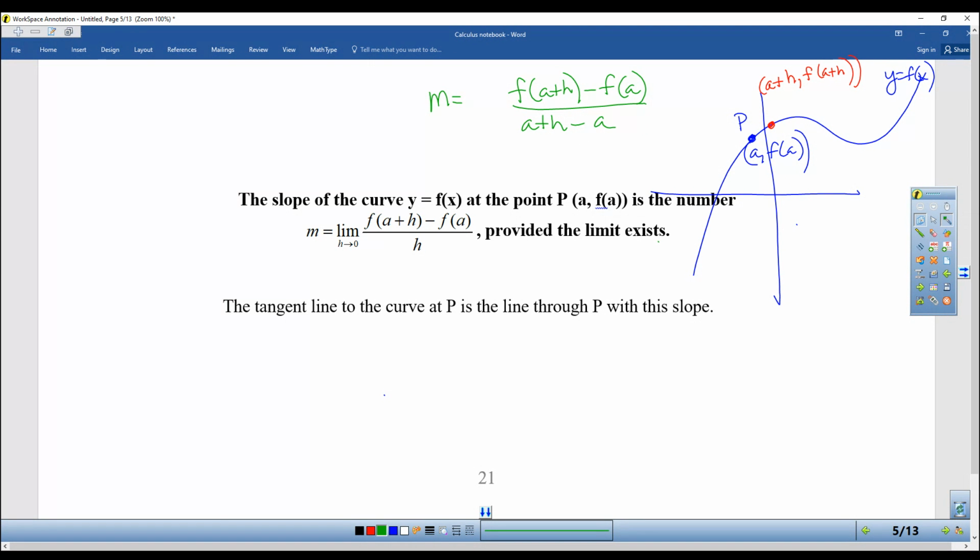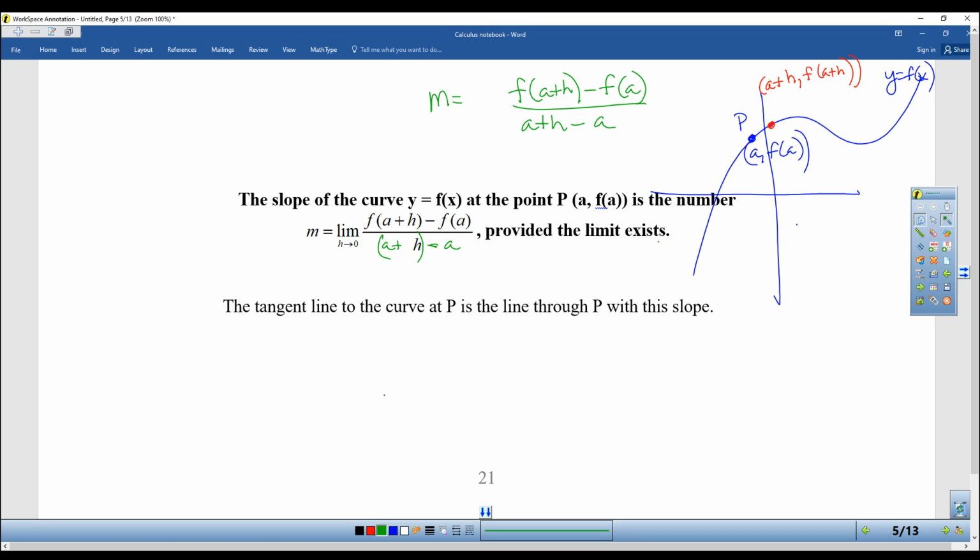But I have never seen this written this way in a math textbook. They always simplify this part, which makes me a little sad because I feel like it's much easier to understand if you leave those two in there. So if it helps you, write a plus h minus a. That's actually what's happening.